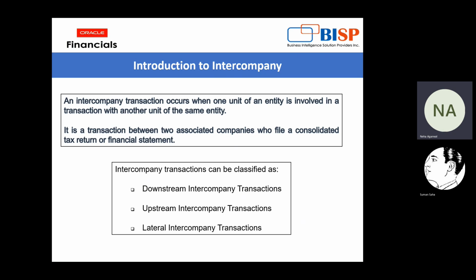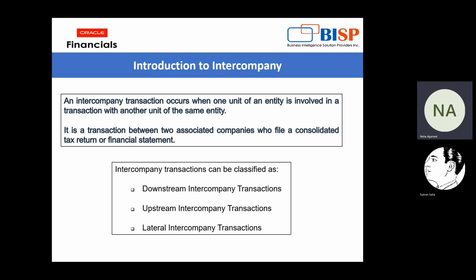These units may be parent and subsidiaries, or two subsidiaries, two divisions, two departments of one entity. It is common for vertically integrated organizations to transfer inventory among the units of a consolidated entity.